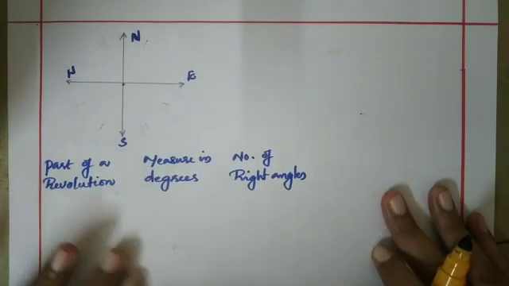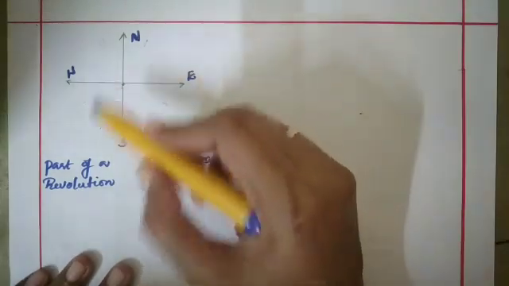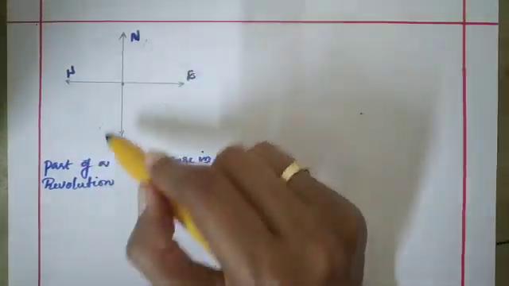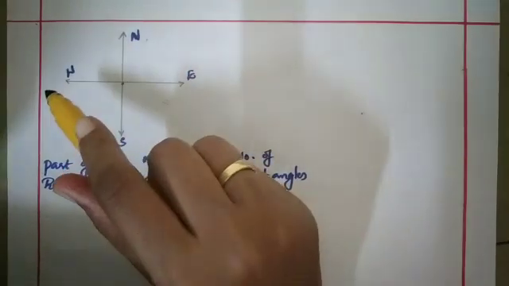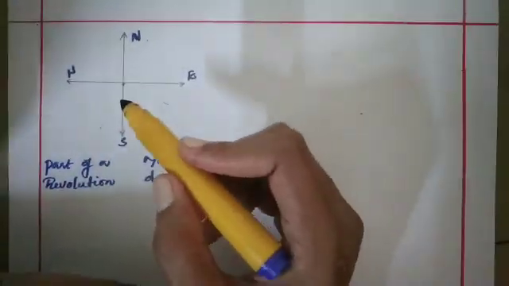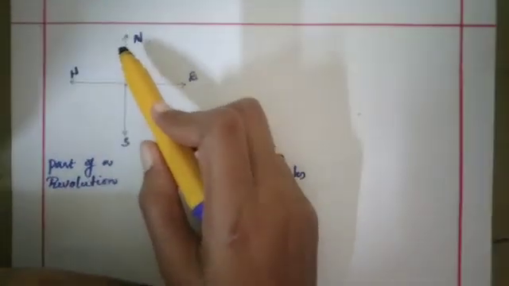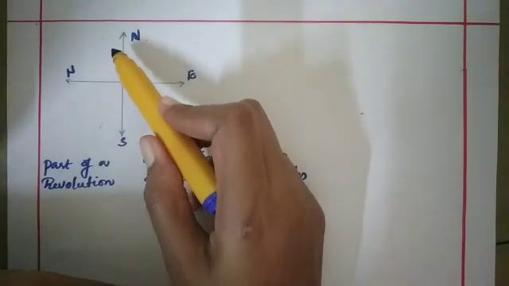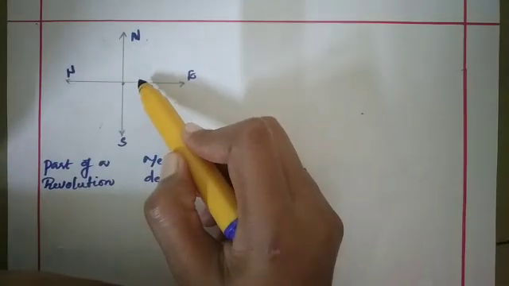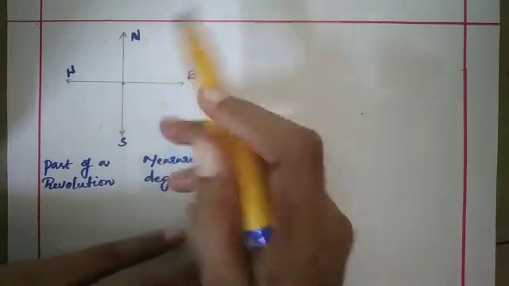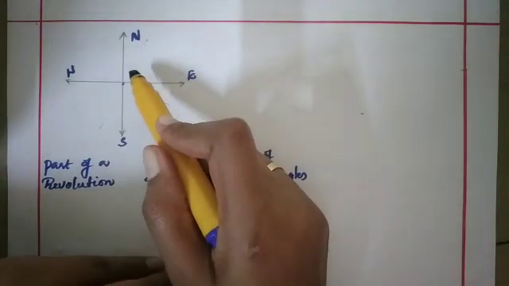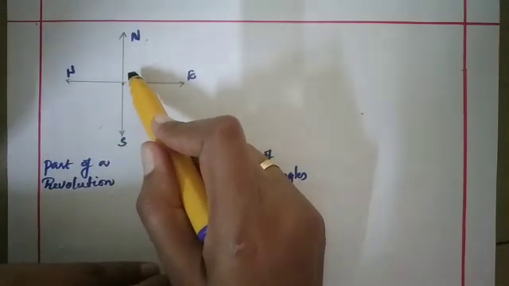Children, listen here. The figure is pointing the four directions: north, south, east and west. So imagine you are standing facing north. Now turn to east.